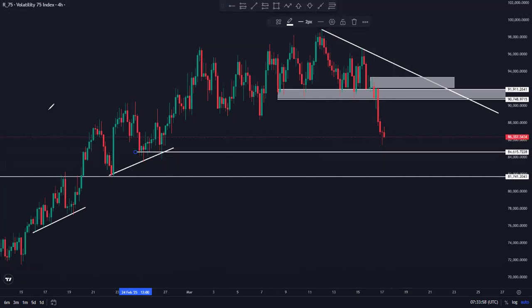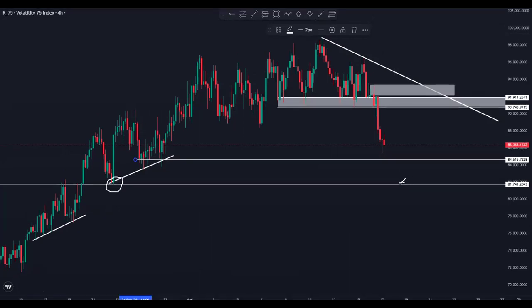The valid one for them to respect is this one. Maybe they respect it, come back here, and then go up there. Then we continue to the downside. Remember, the market does not move in a straight line, it moves in zigzags until it gets there.